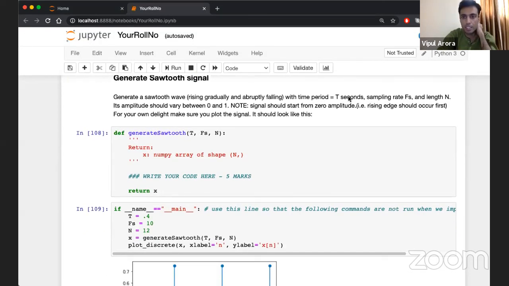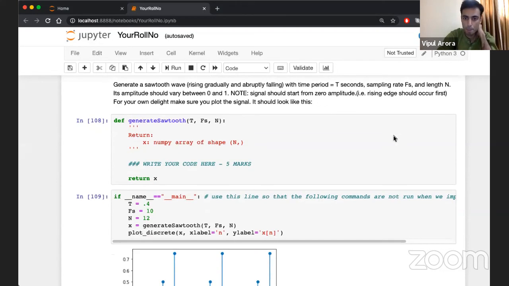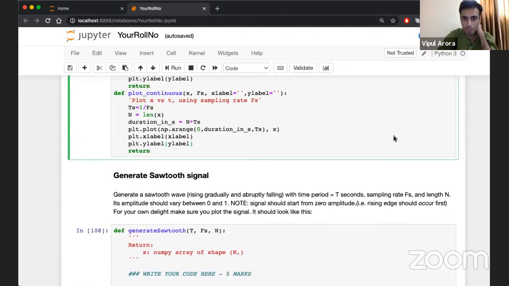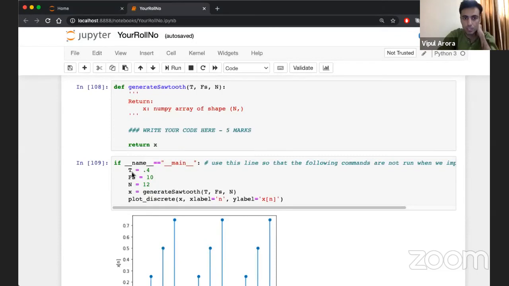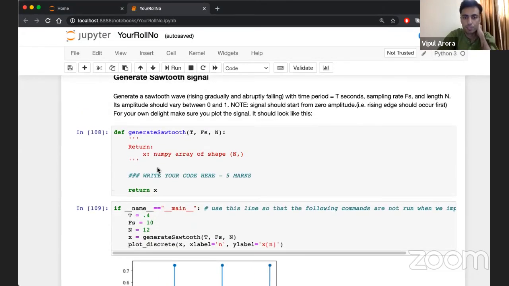So T is the time period in seconds. This is important. The units are important. Here also it should have been hertz. Please note down, it should be hertz. Sampling rate Fs in hertz. So T is 0.4 seconds. How many samples it corresponds to, that you can compute.